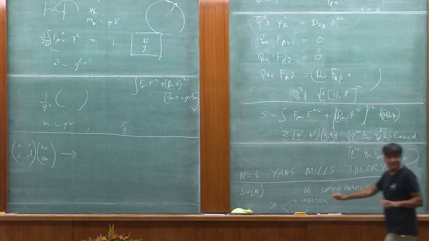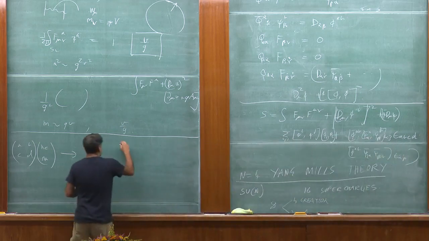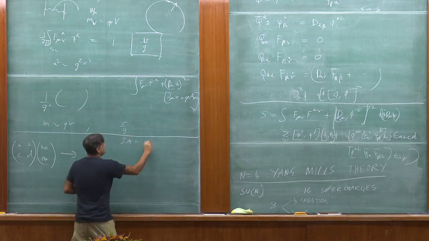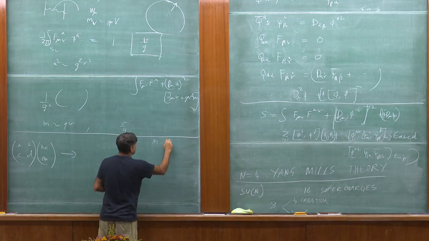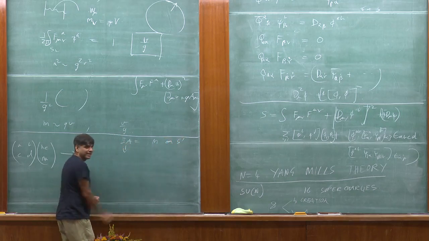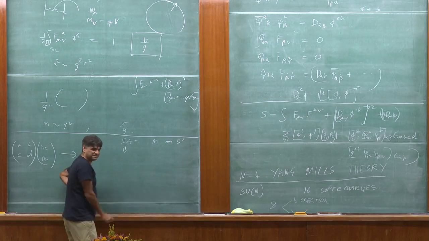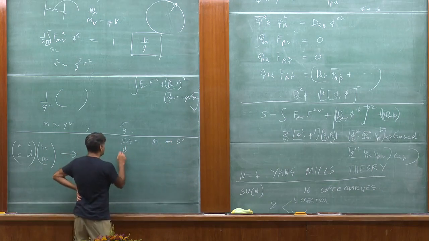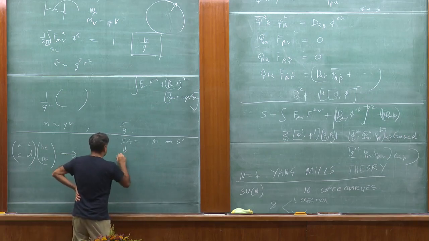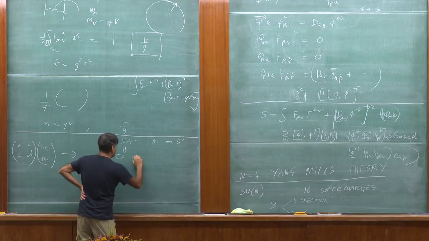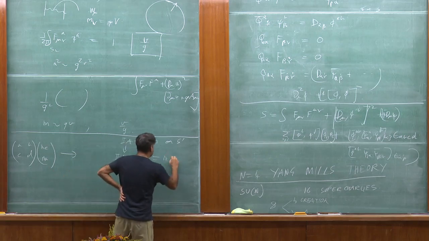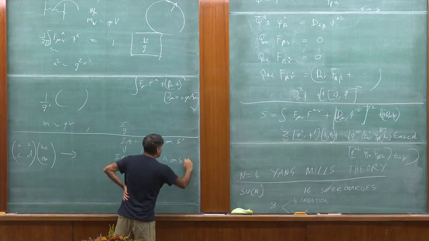The route for doing this goes as follows. You can take the fact that IIA is equal to M theory on S^1. Now just compactify both sides. Put IIA on S^1, on another S^1. So IIA on S^1 prime is equal to M theory on S^1 times S^1 prime.